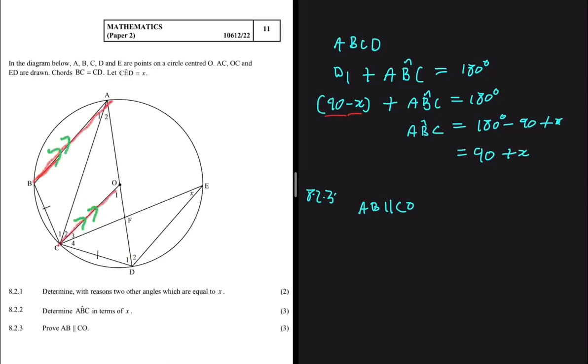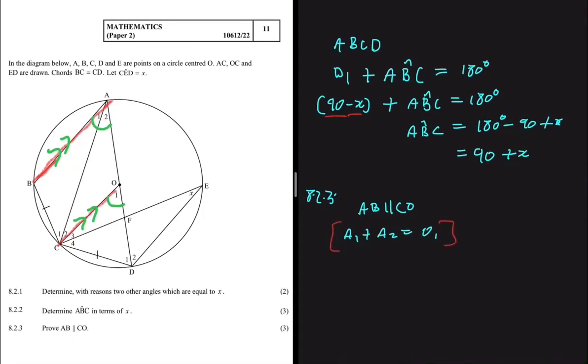If they're parallel, then this angle here, A1 plus A2, should be equal to angle O1, corresponding angles. So we need A1 plus A2 to be equal to O1. This is what we are required to prove, essentially.